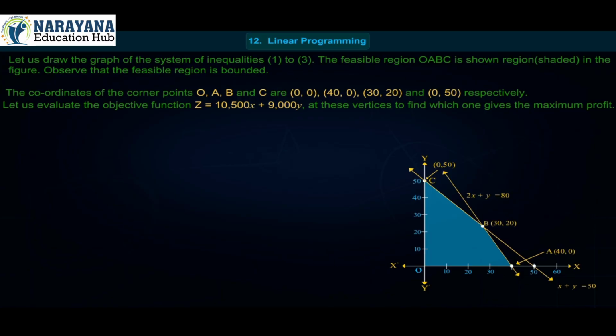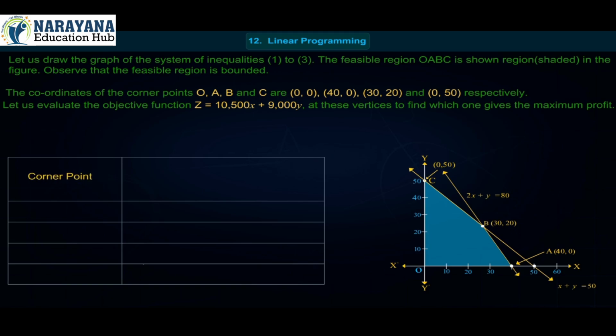to find which one gives the maximum profit. Corner points: O (0, 0), A (40, 0), B (30, 20), C (0, 50).